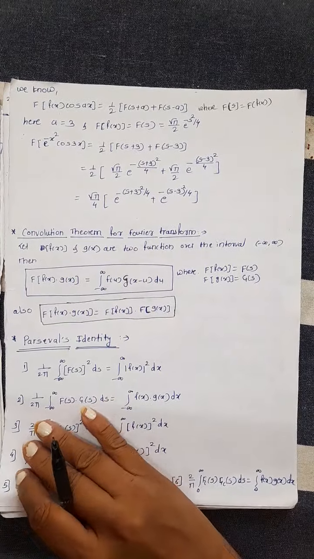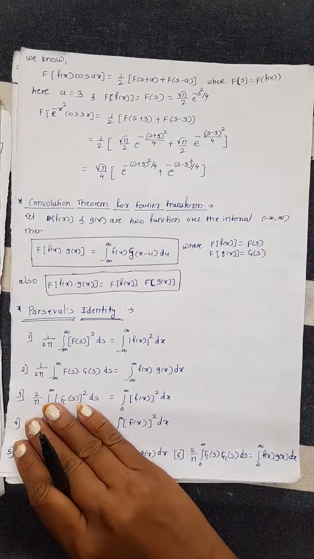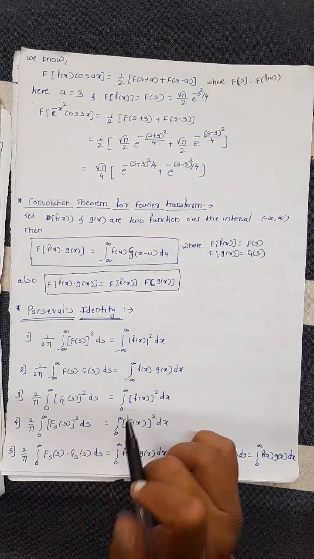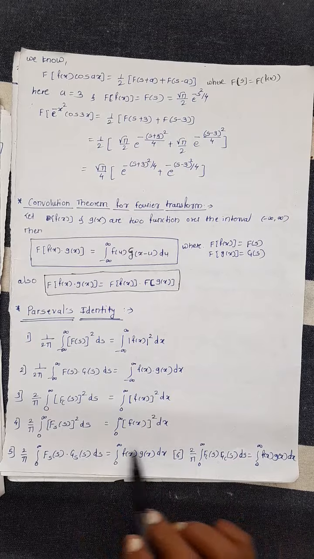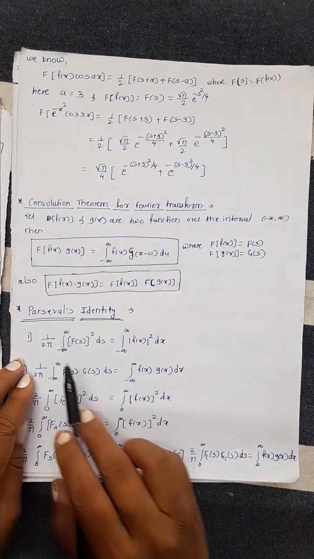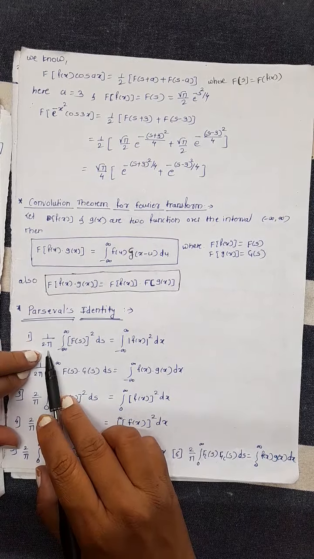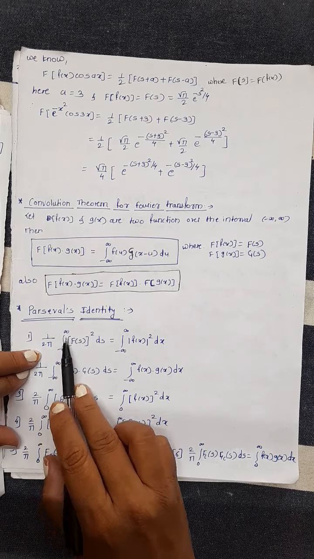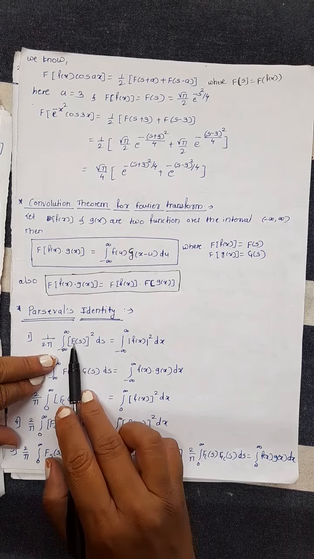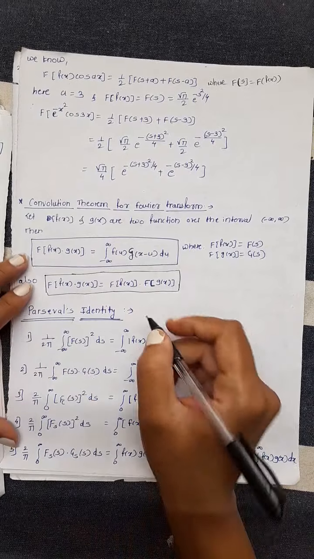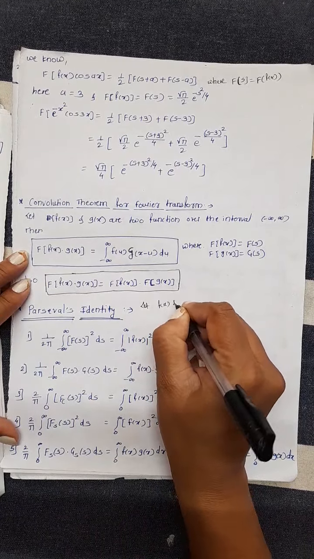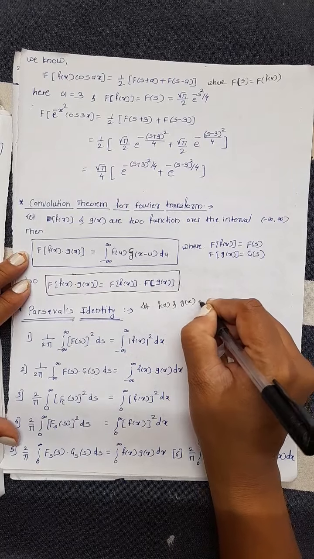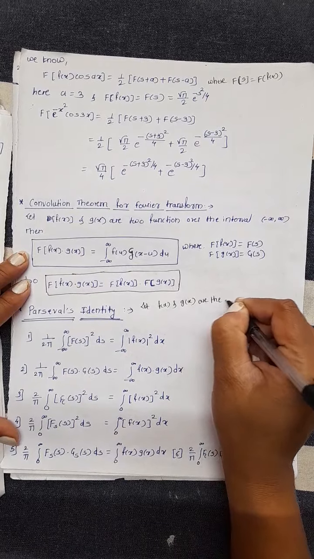Okay, now let us see some formulas of Parseval's identity, which is a very important point. Now these are some formulas. Let f(x) and g(x) be the functions.